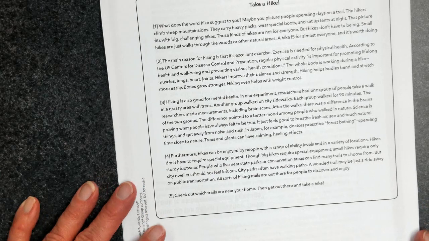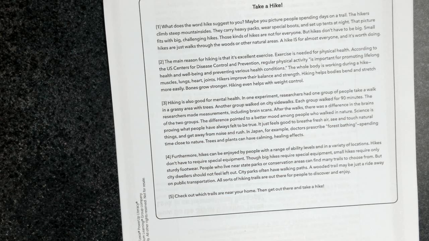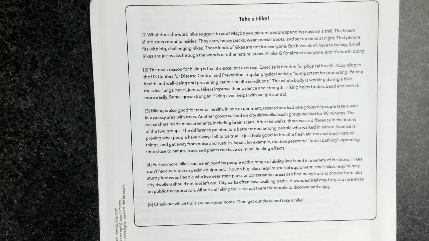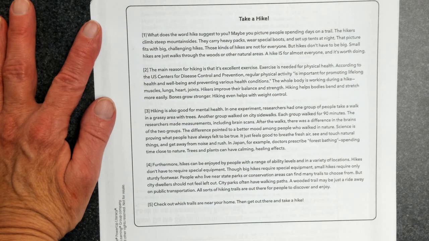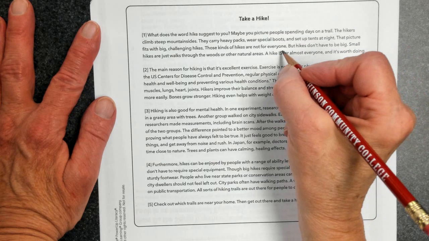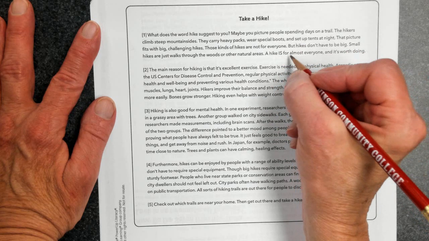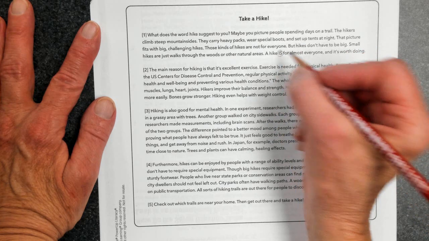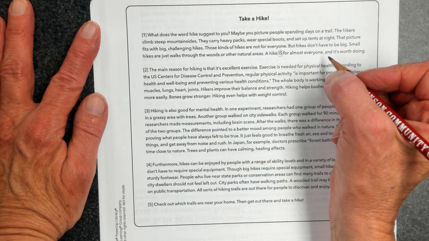All right. I have a question. Where it says a hike, why are the I and the S capitalized? Did I read that wrong? A hike isn't for almost everyone. Oh, a hike is for almost everyone. And so because it's capitalized in the middle of a sentence, that's a great question.